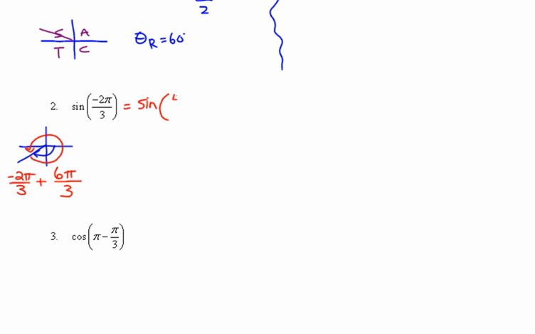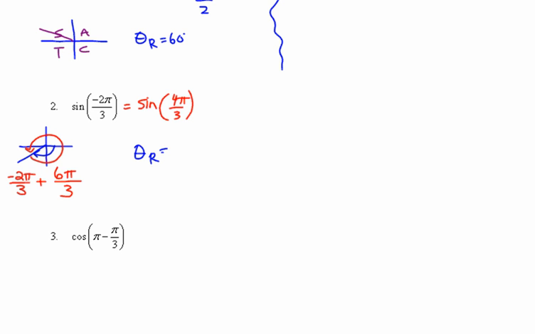You'd have to do this whether you're using the unit circle method or special triangles. You still have to figure out where negative 2 pi over 3 is. Now, if I'm using my special triangles, what's the reference angle? It's very easy to see. We just look at the denominator.